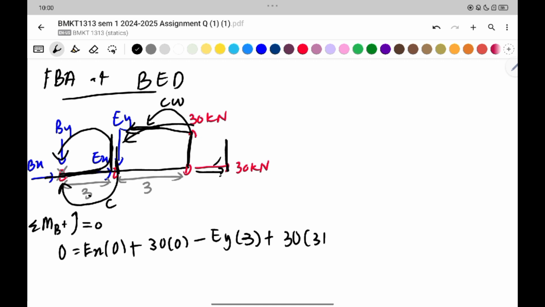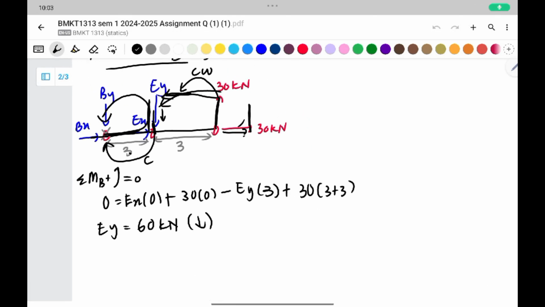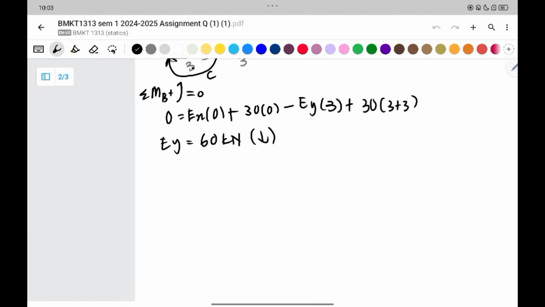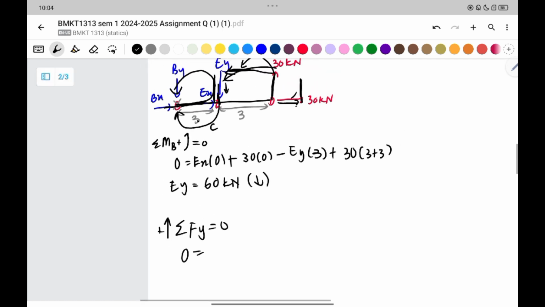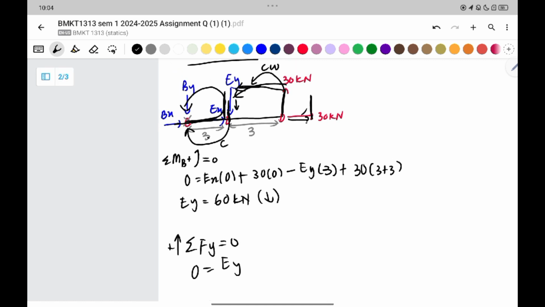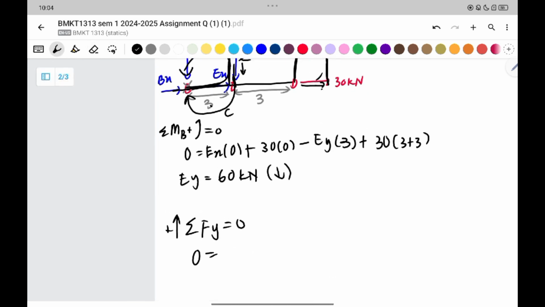Here we will find the value because we already know the value for EY. Thus, we take forces acting upward as positive. Sum of Fy equals 0. So 0 equals, first, EY, which is negative EY.